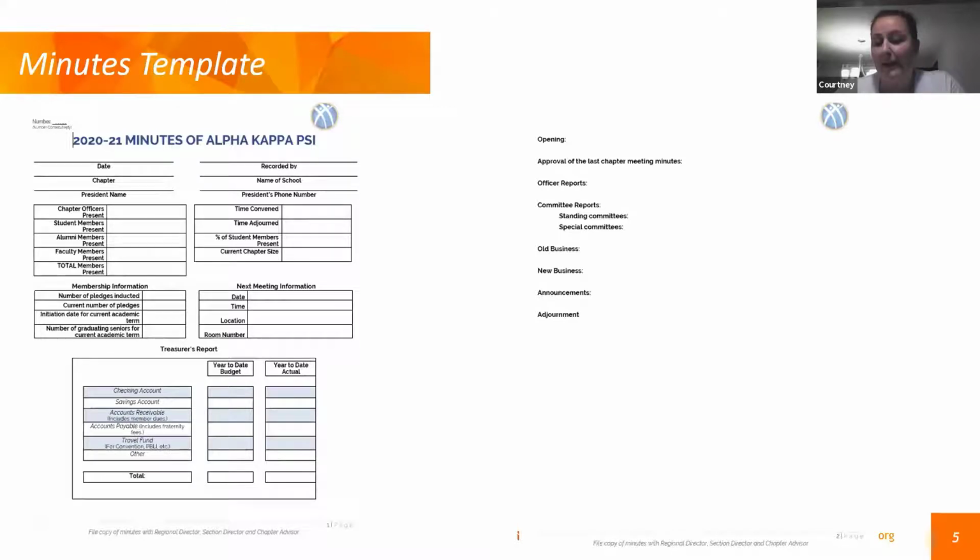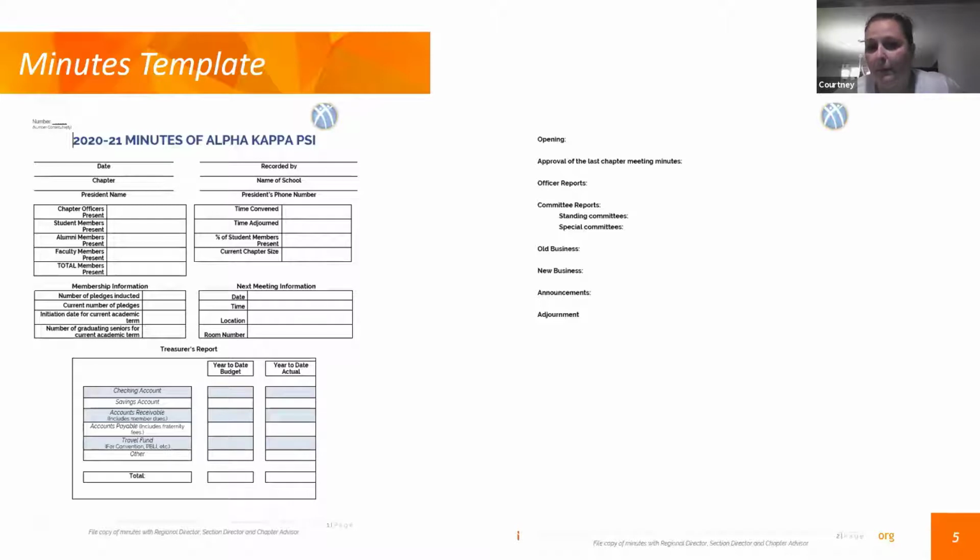So think type of meeting. It could be an executive board meeting. It could be a general brotherhood meeting. You could be doing virtual minutes. You just want to make sure that you have the type of meeting and then obviously the date, the time, and the place. So step 2 is record the motions voted upon, who moved them, and who seconded them.